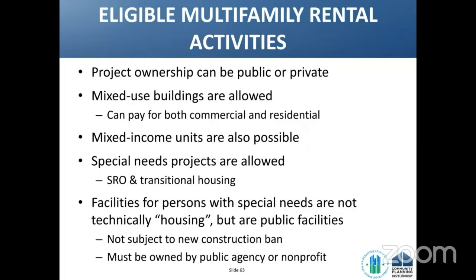Mixed-use buildings are also allowed. There are some instances where you may have retail on the first floor and residential units on the second. That's fine.